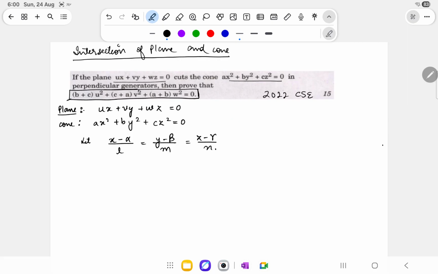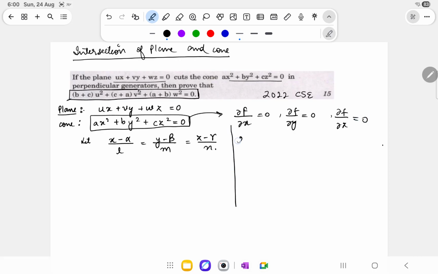Further, if you observe, the given equation of the cone is homogeneous, and we can easily find the vertex of the cone using del f by del x equals 0, del f by del y equals 0, and del f by del z equals 0. If I do so, I'll get 2ax equals 0, so x equals 0.